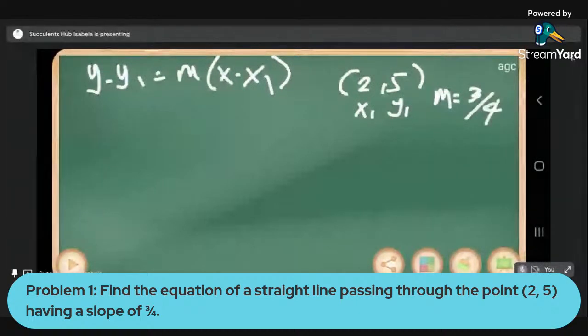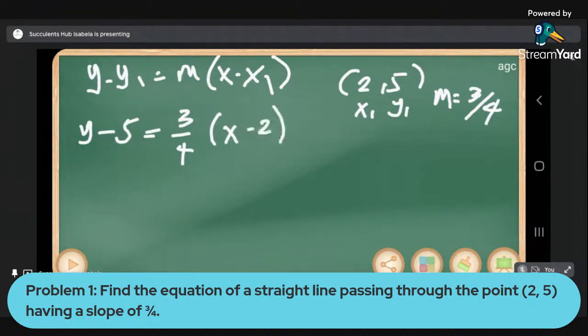So you just substitute the values. So you have y minus y sub 1, here is 5, is equal to the slope which is 3/4 times x minus x sub 1, which is 2. Okay. So we can simplify this by cross-multiplying because we have here a fraction 3/4, so we can cross multiply.